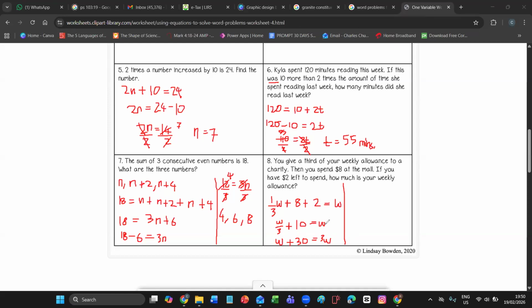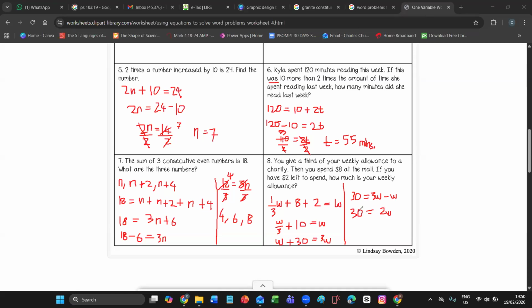So if W moves, we have that 30 is equal to 3W minus W, which is going to leave us with what? 2W on the right hand side equals 30 on the left hand side.